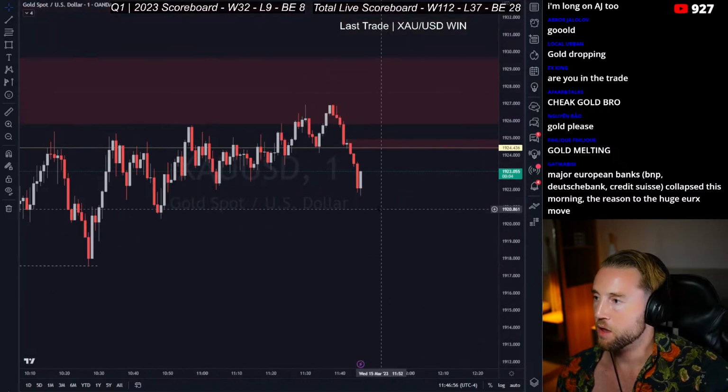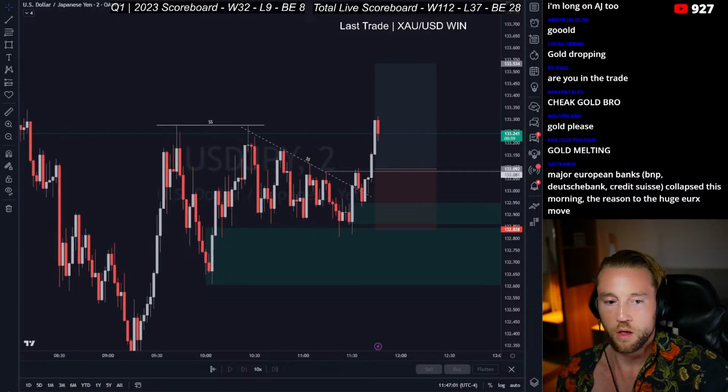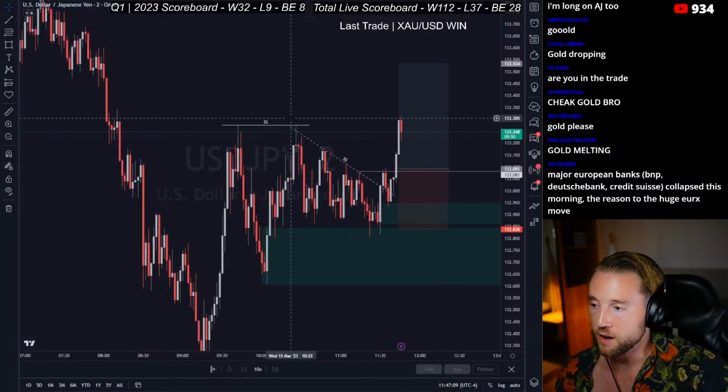Equalizer is still there. So who went in the US dollar Japanese yen? If so, congrats. Who went into this trade?